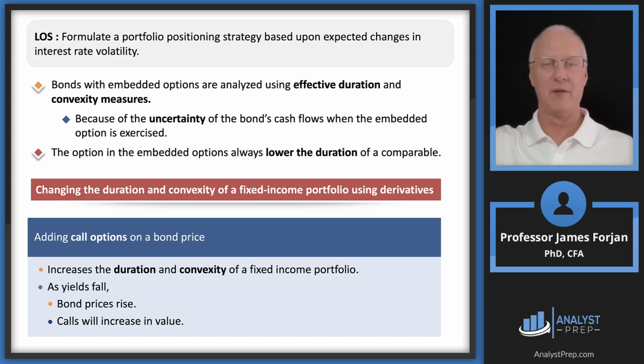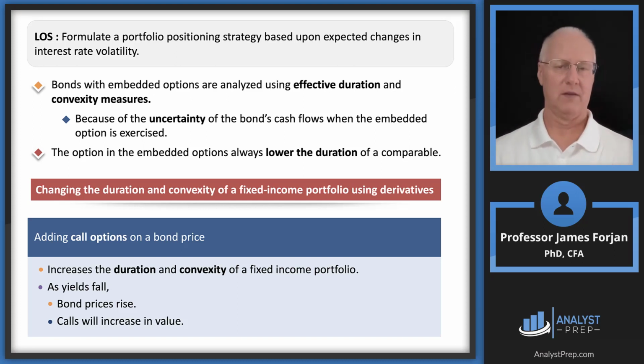So clearly it's not a 30-year bond. It's only a 7-year or a 5-year bond. So we can change the duration and convexity of a fixed income portfolio using those embedded options, or we can explicitly add derivatives to the portfolio.